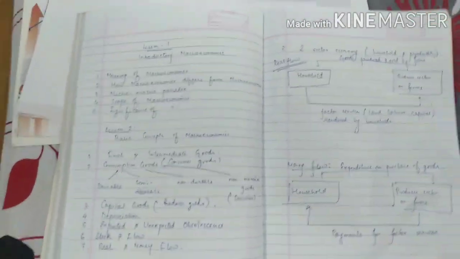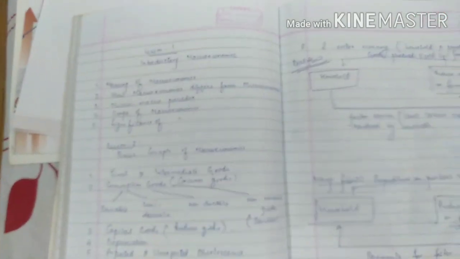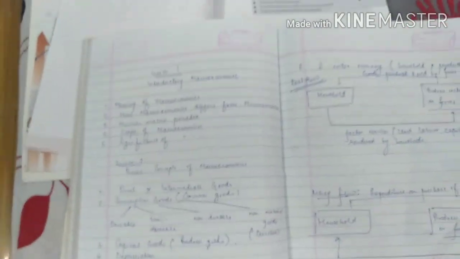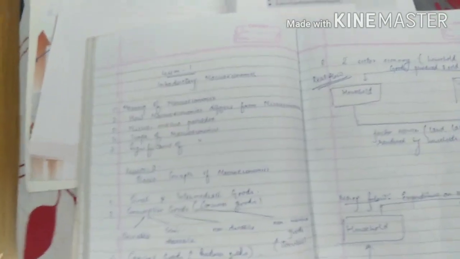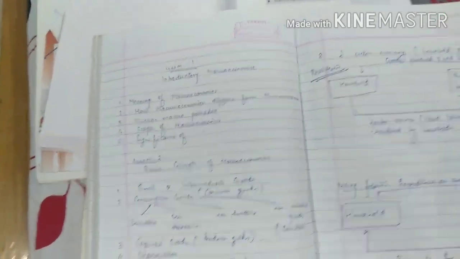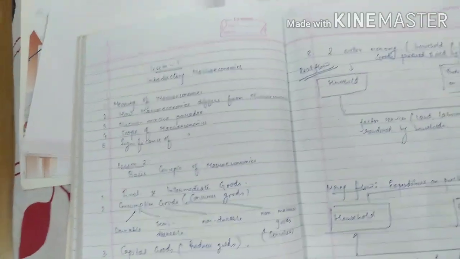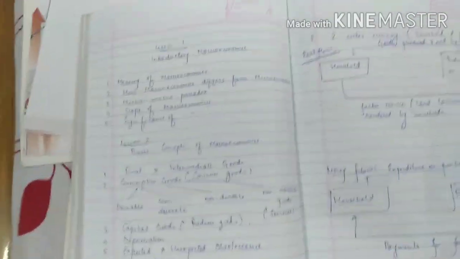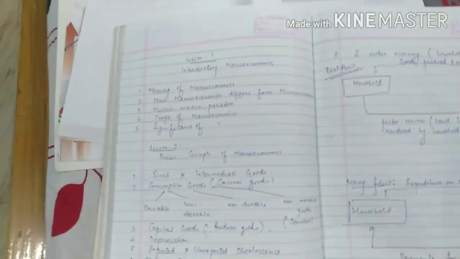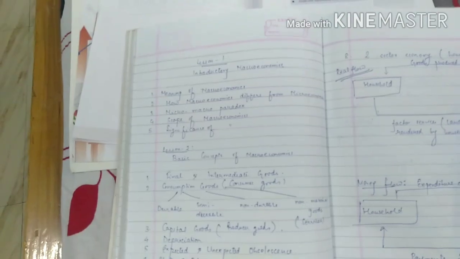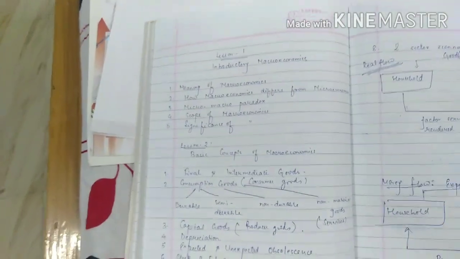When the producer's income reduces, he will start to produce less, and when production is less, it leads to a rise in unemployment. So when an individual saves, it is for his benefit, but when the economy saves, it leads to unemployment. This gives rise to a concept called the micro-macro paradox.